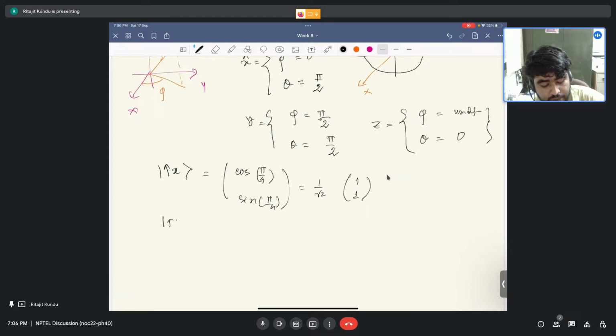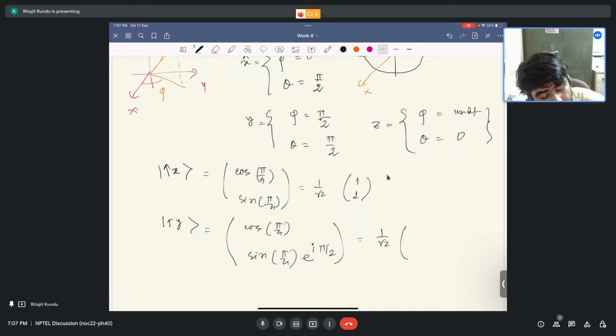Similarly, I will find my y state. For the y state I'll plug in cos pi by 4 and sine pi by 4, and additionally there will be e to the power i pi by 2. So this becomes 1 by square root 2 times (1, i).